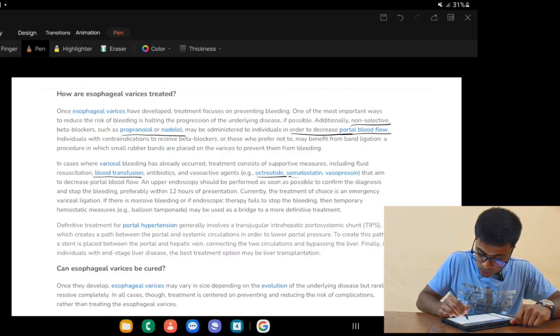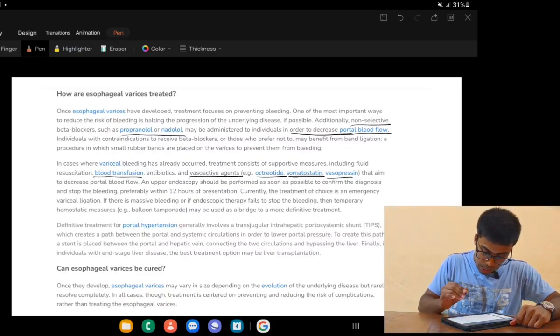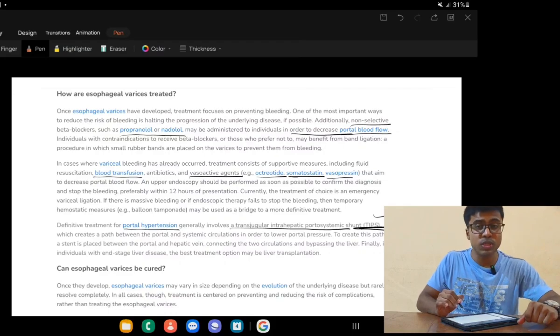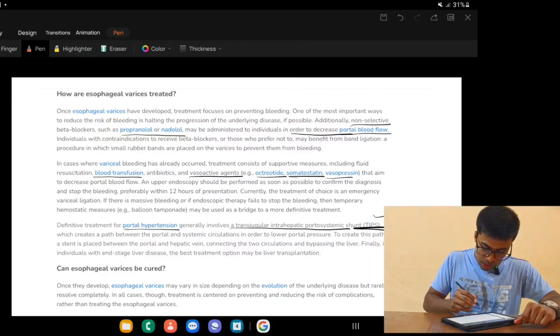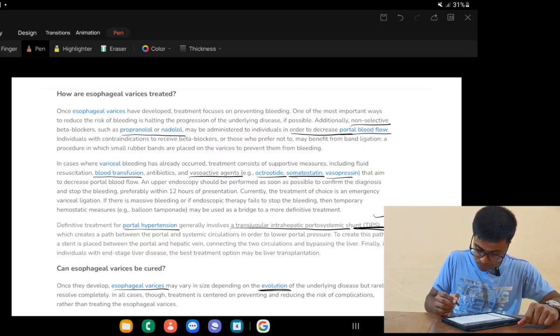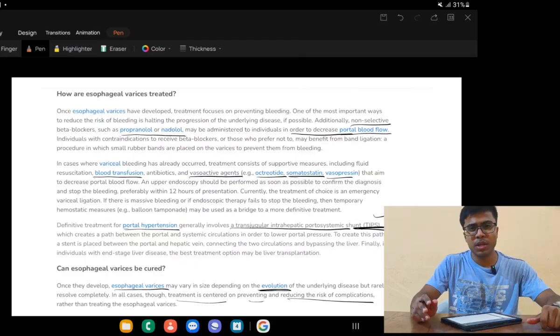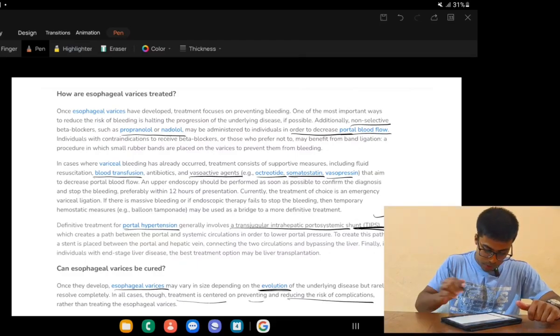Octreotide, somatostatin, vasopressin, these are vasoactive agents that can be used, and as definitive treatment for portal hypertension we can use TIPS, that is a transjugular intrahepatic portosystemic shunt. Can esophageal varices be cured? It may vary, size differs, evolution differs, but nowadays in all cases treatment is centered on preventing and reducing the risk of complications, but cure, not sure.